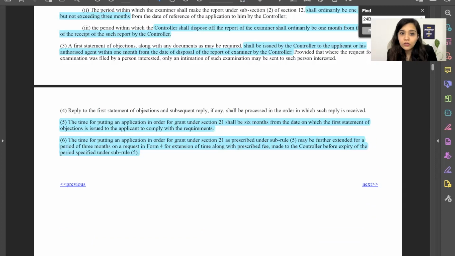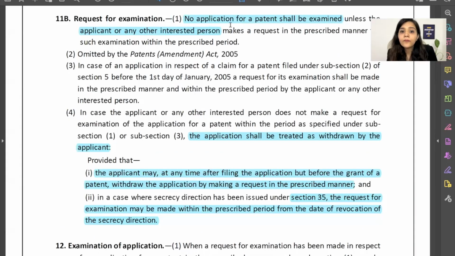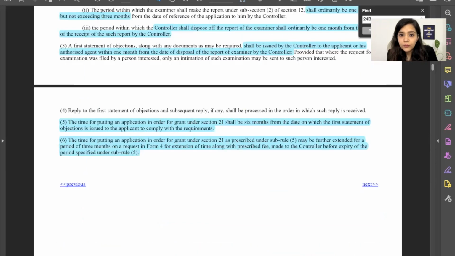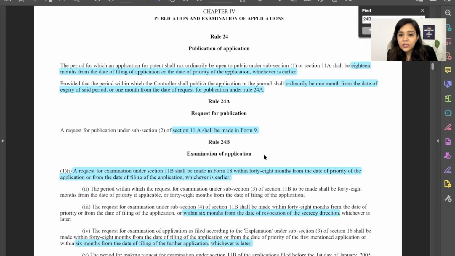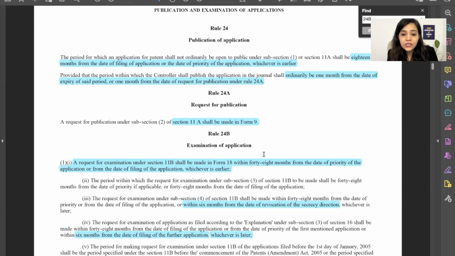So these are two rules associated with it. Then it is written, within the prescribed period. What is the prescribed period? In normal cases, it is 48 months from the date of priority of the application or from the date of filing of the application, whichever is earlier. So generally the priority date is the earlier.